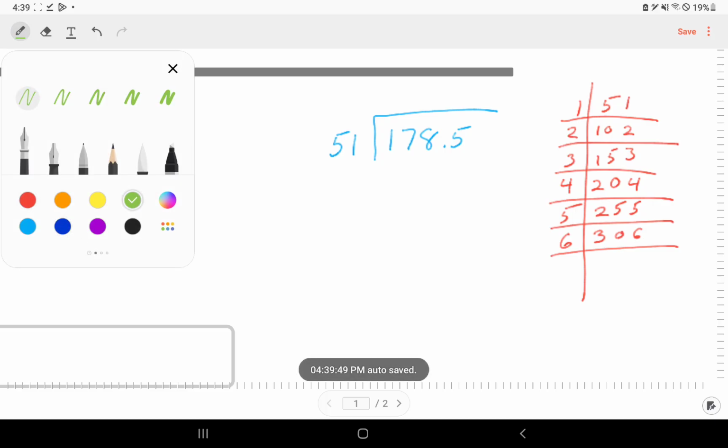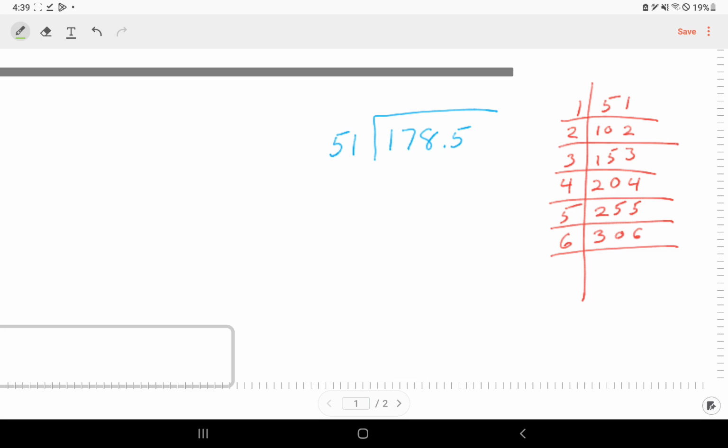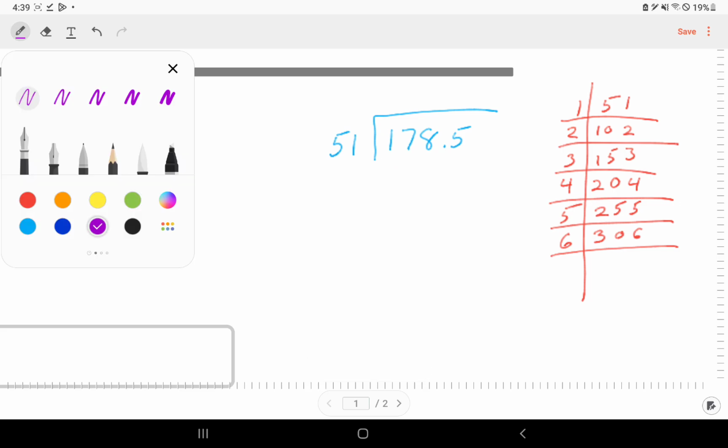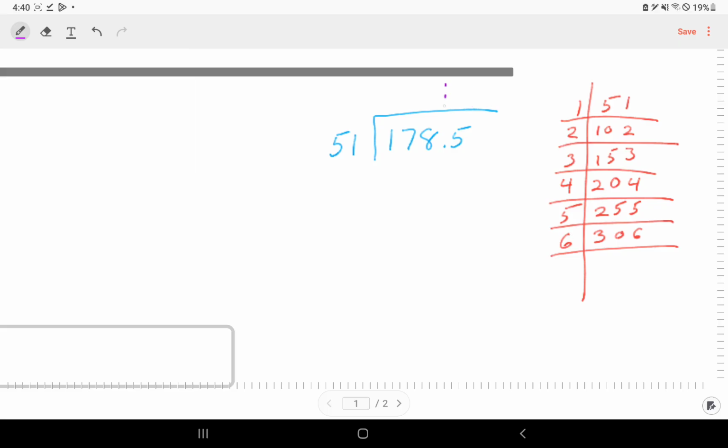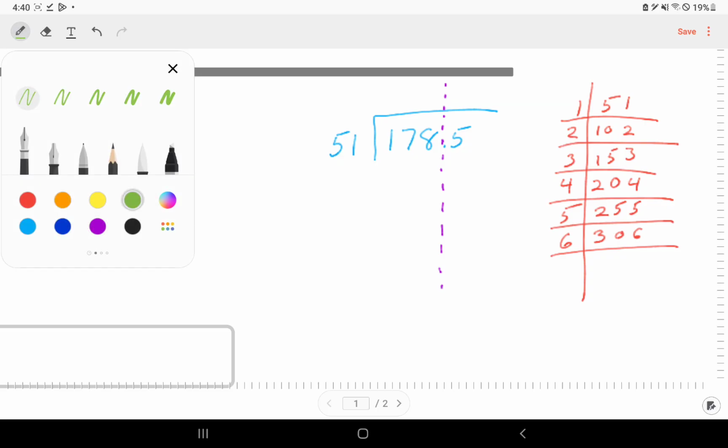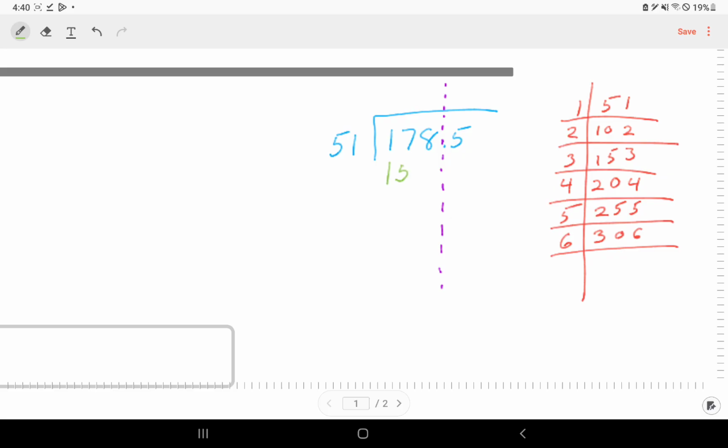Let's go green. Well, so the closest I can get to 178 without going over is 153. So here's my decimal. And that goes with 3.